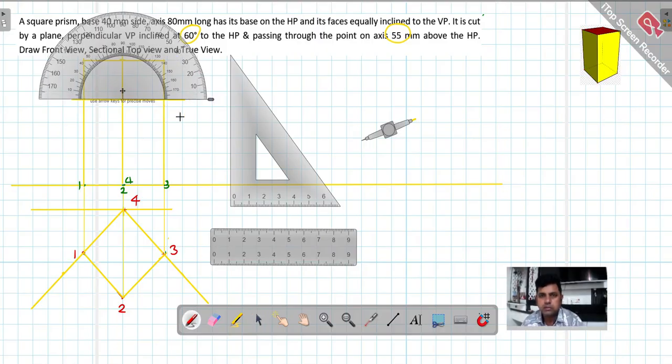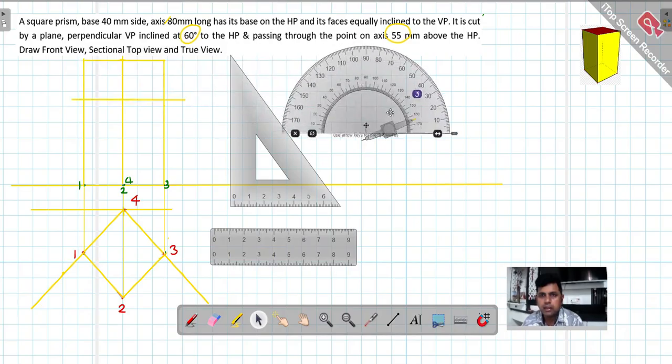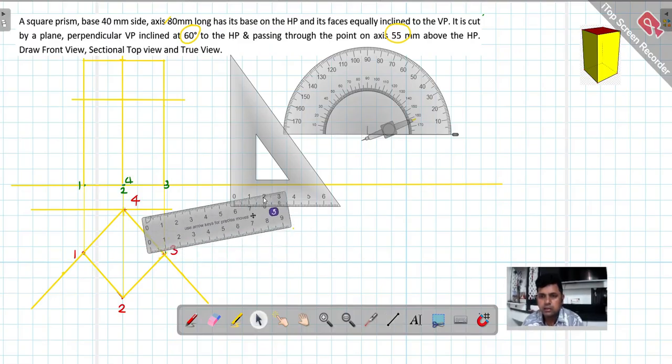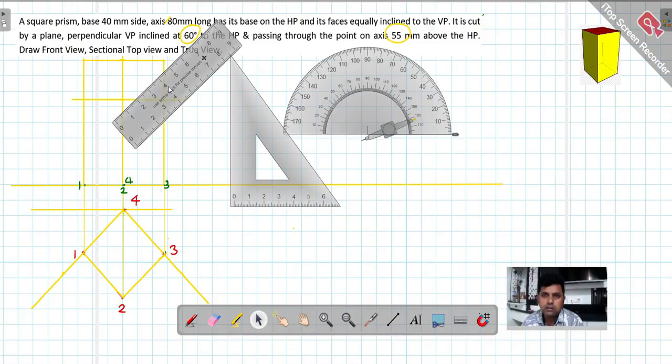Mark as 60 degree. See, here it is 60. Here it is 60. So from that 60, we will draw a cutting plane line. Now I'll take the scale again and draw it to join these points.